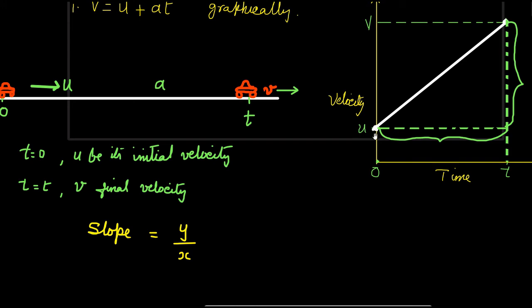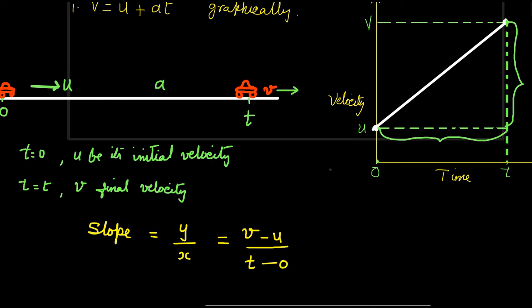What about x? x is t minus 0. So we write the slope is equal to (v minus u) divided by (t minus 0).